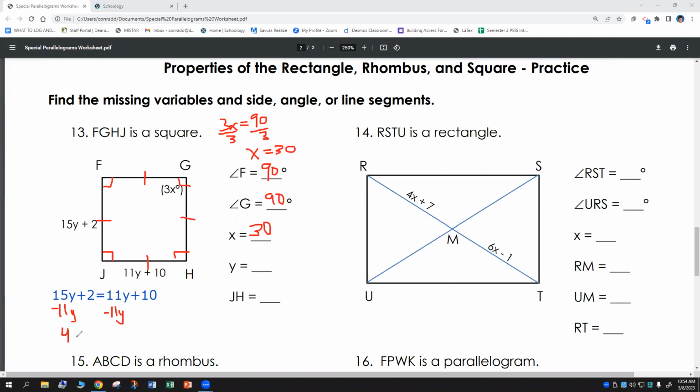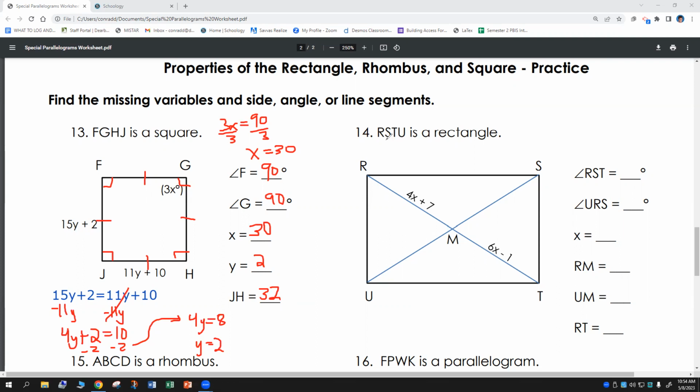That gives me 4y plus 2 equals 10. Right? We're going to subtract 2. So we're going to get 4y equals 8, which gives us y equals 2. And then we're finding JH, so we're going to plug that back in. 11 times 2 is 22, plus 10 gives us 32.